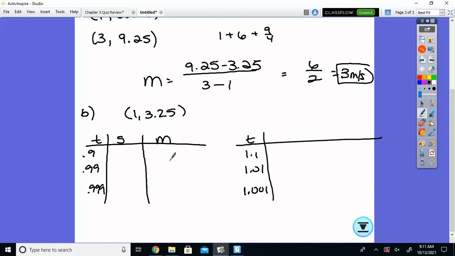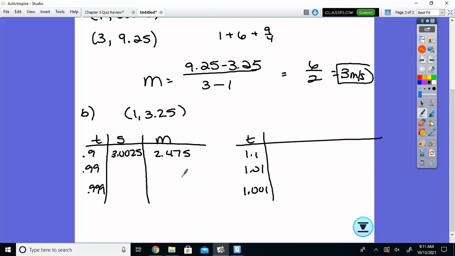So for the first one, if I plug in a 0.9, we get 3.0025. So then you do your slope. Y sub 2, 3.25, minus y sub 1, 3.0025, divided by x sub 2, so 1, minus x sub 1, so 0.9.